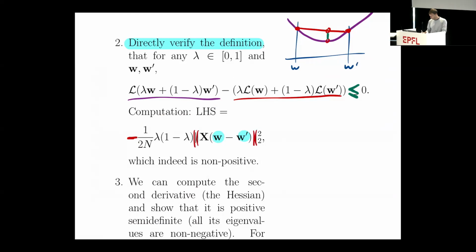Because it's a norm squared here, and then lambda is of course a number which is positive between 0 and 1. So everything here is non-negative, but the minus in front of it makes this a negative quantity, which is what we want, because we want to show that it's smaller than 0. Smaller or equal is good enough for us.